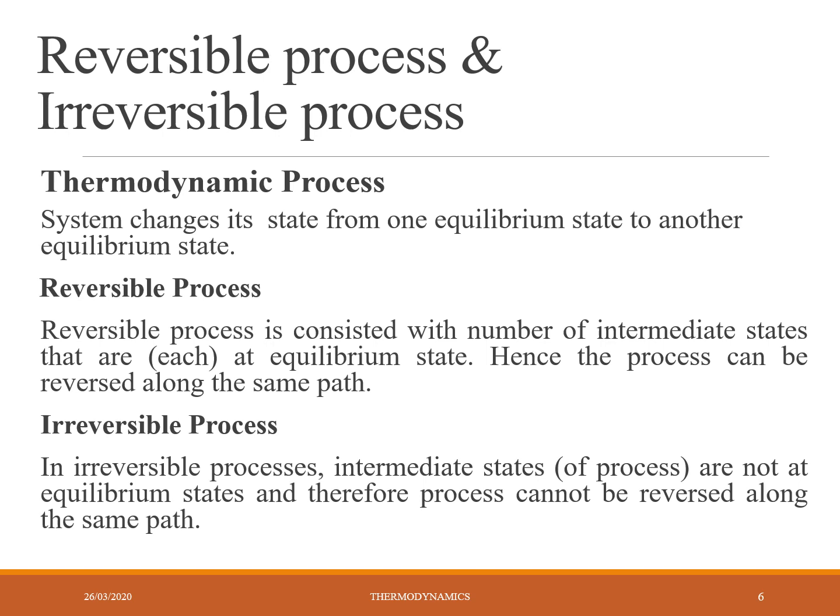The intermediate states are all at equilibrium, so you can reverse through each and every point. So you should simply understand that reversible processes are such processes that could be reversed along the same path, due to these infinitesimal equilibrium states within the entire span.